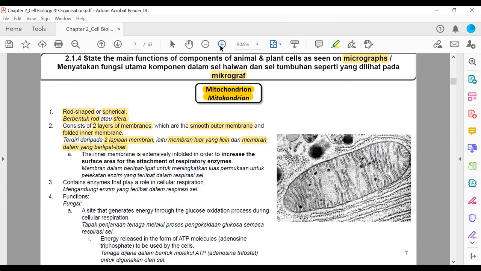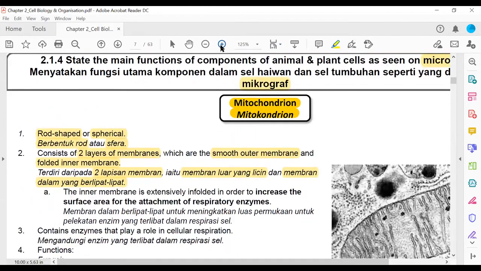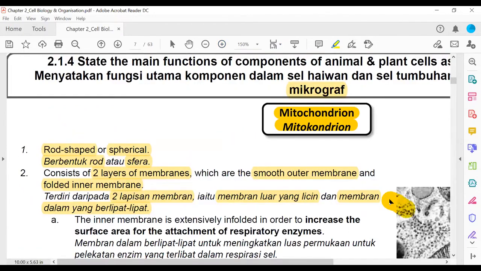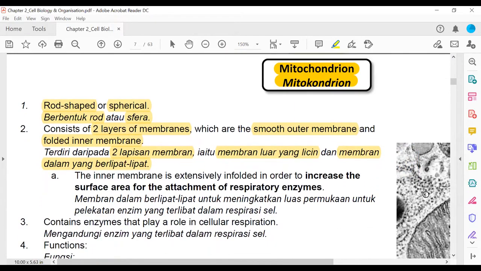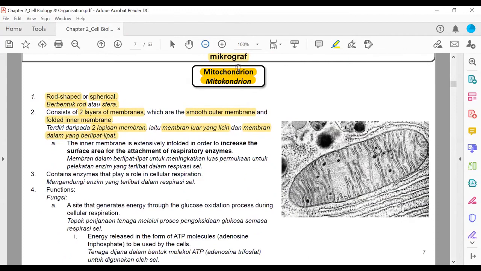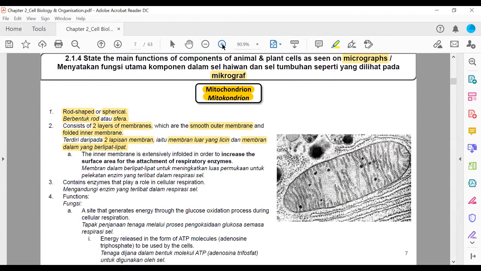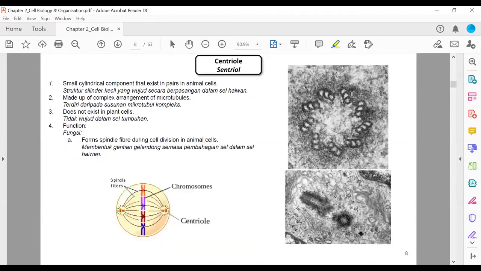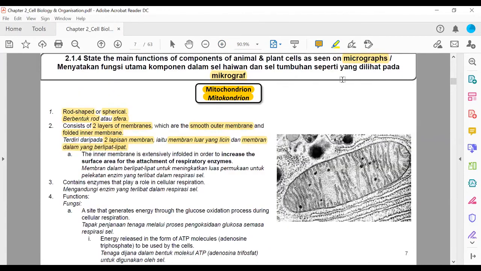Kalau saya besarkan gambar ini, oh, sorry. It's not very clear here. Okay, let me draw for you. Saya akan lukiskan untuk you. Mana 2 membran itu?